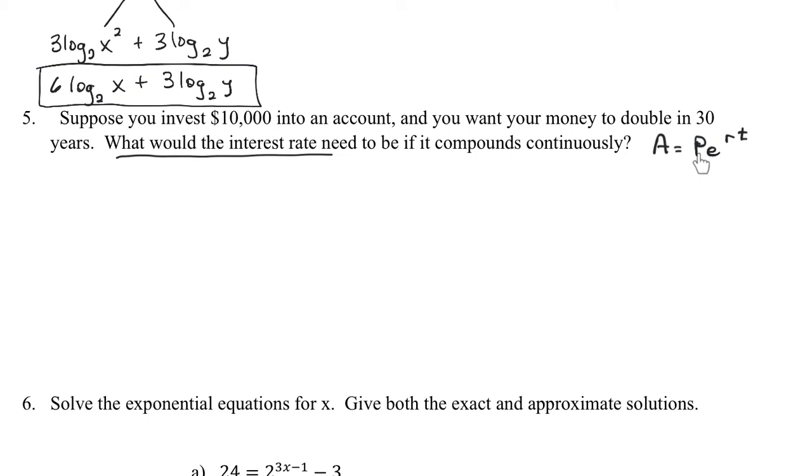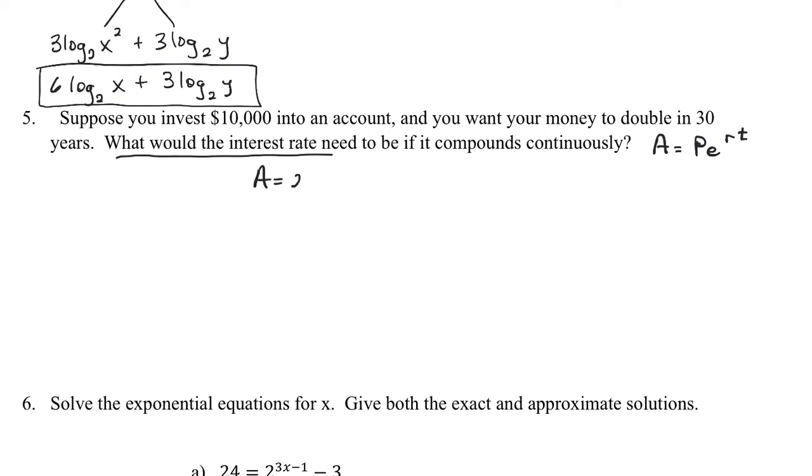Now, remember, P is the principal investment. That's what's initially invested. That's $10,000. A is the future amount after so many years T. The future amount is we want our money to double. So the future amount is going to be $20,000. And we want that to double in 30 years' time. So T is 30. The question is, what would the interest rate need to be? So we're solving for R.